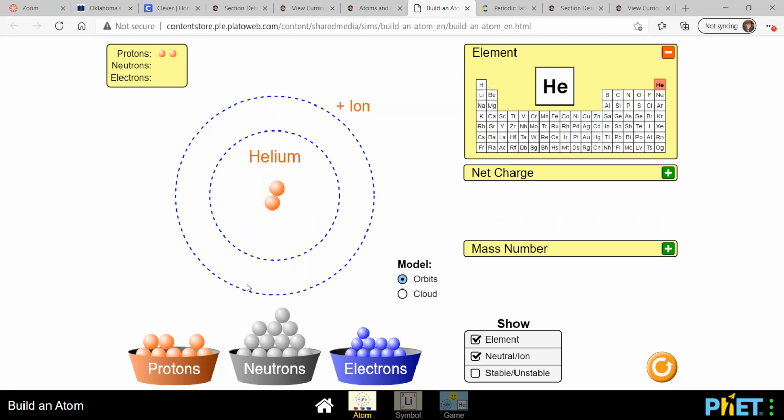And then we've created helium, lithium, beryllium. So you see what's happening, right? This chart is organized in a certain way. And let's see if you can figure out the process yet.